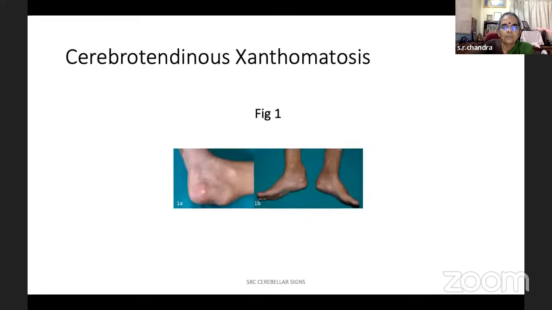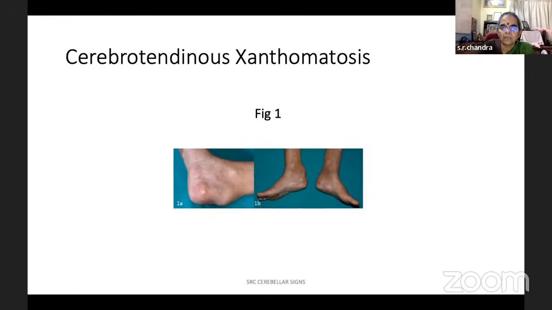And this is a tendon xanthoma. Actually, this patient, when young, repeatedly underwent biopsy of these nodules, but specific information was not given to the pathologist, so CTX was missed. It's a treatable condition. A non-specific diagnosis was given, the nodules were resected, and symptomatic measures were given. Later, the patient developed cerebellar ataxia and dementia.